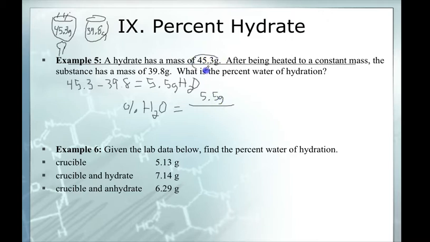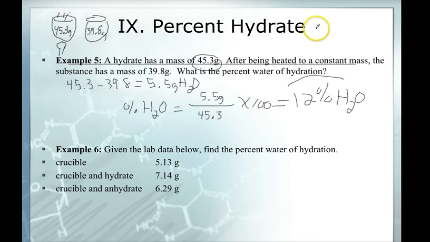The total is 45.3, times 100. And if I use my trusty calculator, it's 5.5 divided by 45.3. So you can see it's going to be a relatively small number. It's going to come out to approximately 12% water. So the remaining 88% was the anhydrate. That's what you're going to be doing in your lab.